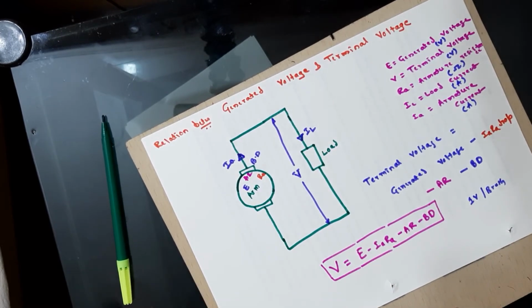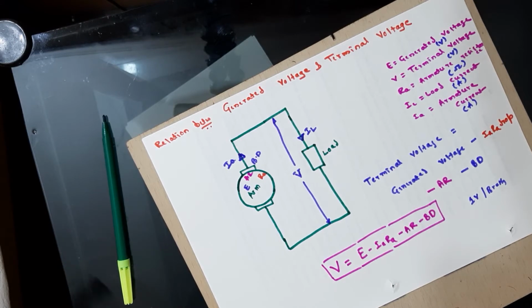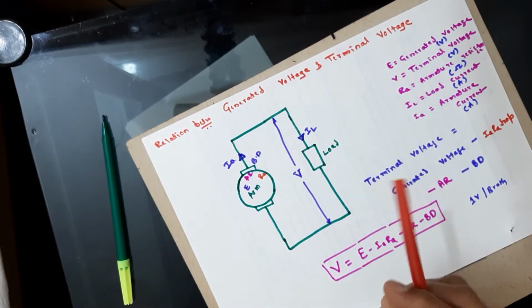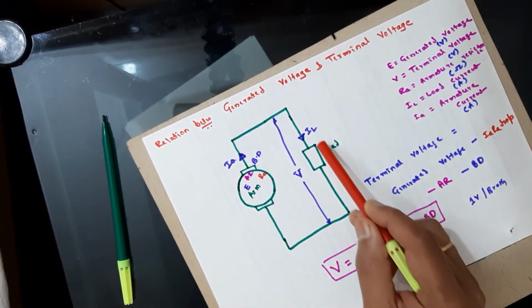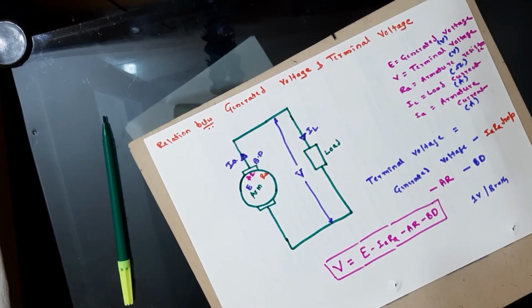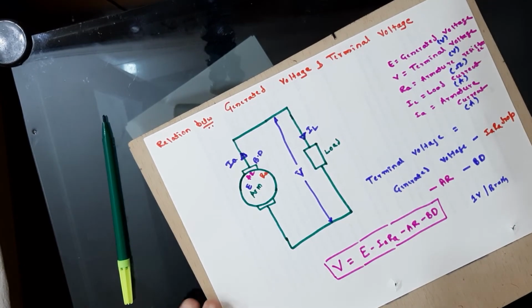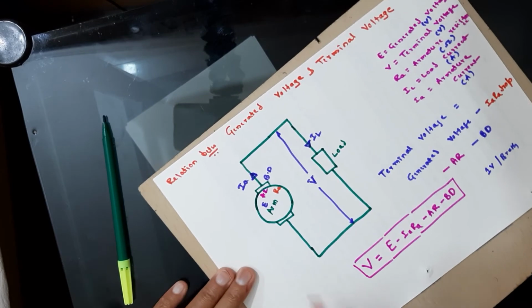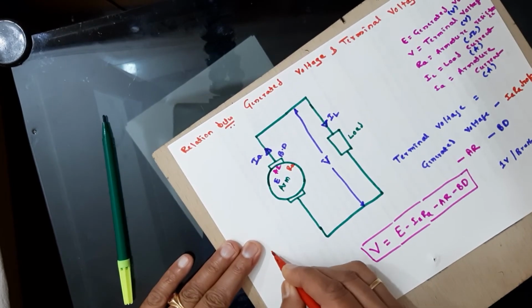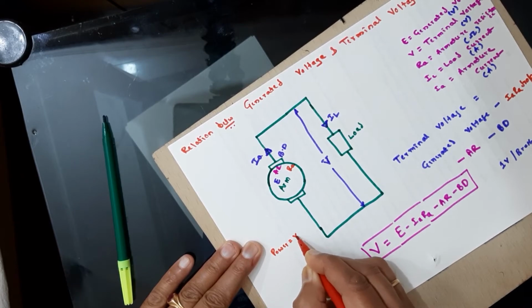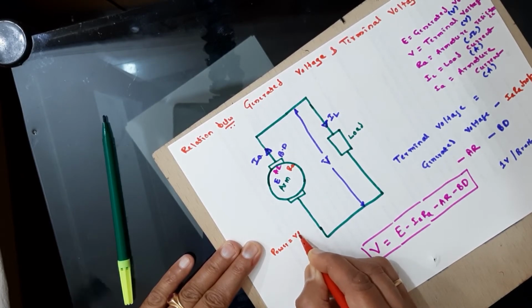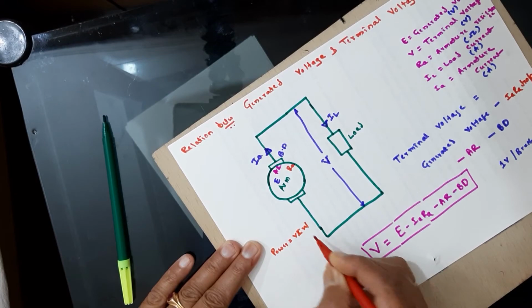This is one thing. The next one is the power. What is the power developed in the armature and what is the power delivered? Power is developed here and power is delivered at the load point. We know that in the case of DC, power is equal to voltage into current, V into I watts.